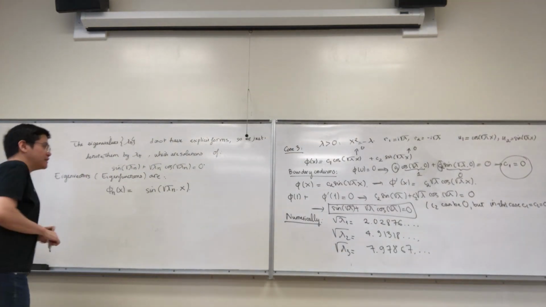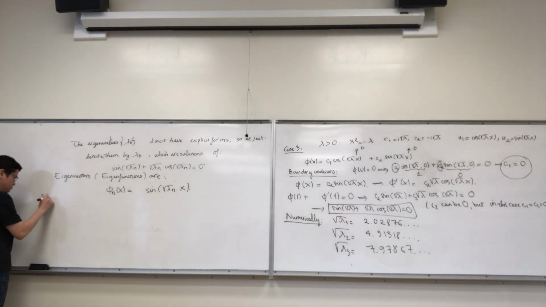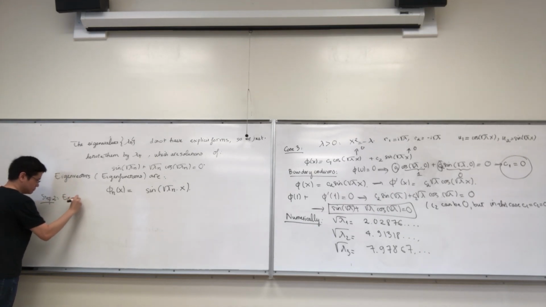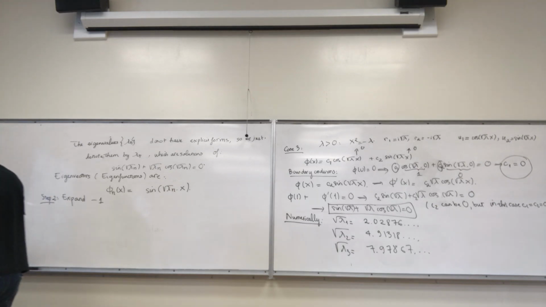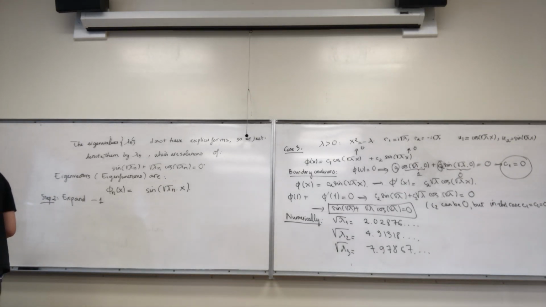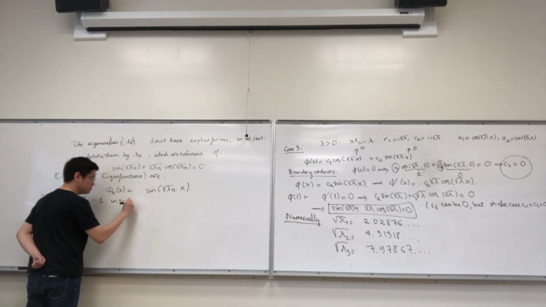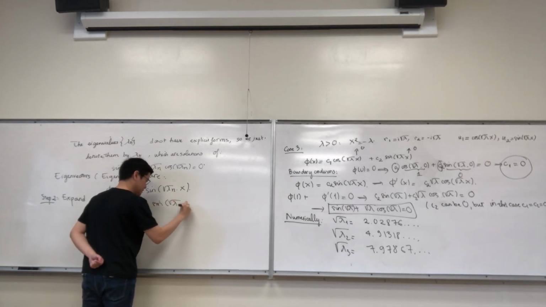Right, so now if there are no questions, again, we're going to solve the equation. Step number 2. You're going to have to expand minus 1 in terms of sine of square root of lambda and x.